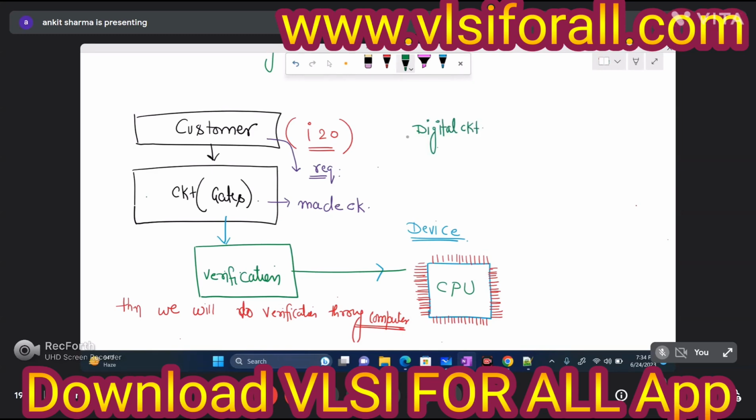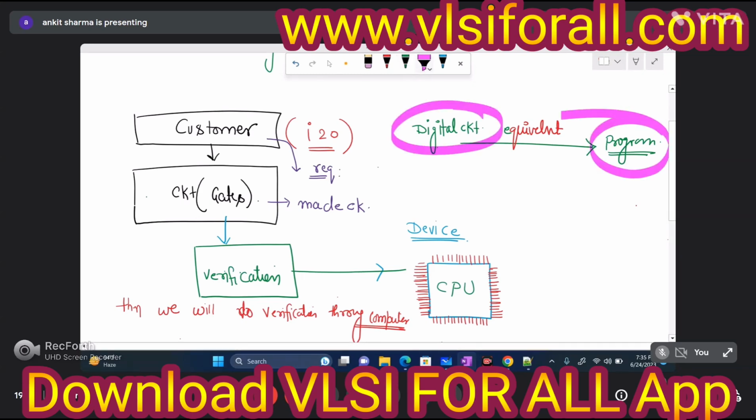If I have a digital circuit, the word equivalent is most important here. That equivalent in the form of a program. That means this circuit I want equivalently in a program, in a programming language. Why?